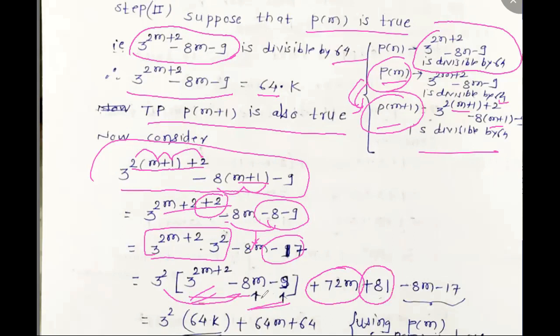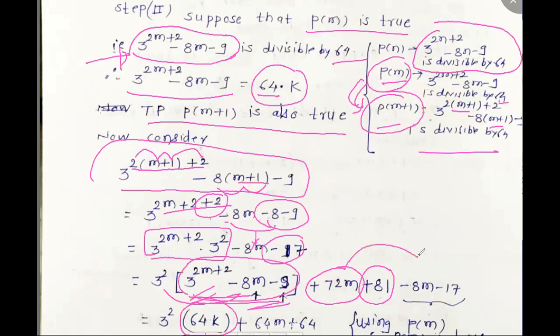So in this way we have this number, because this is the term in P of m. All right, so 3 square. Now since P of m is true, 3 raised to twice m plus 2 minus 8m minus 9 is divisible by 64, so we write 64 into k. This number is divisible by 64 because P of m is true.